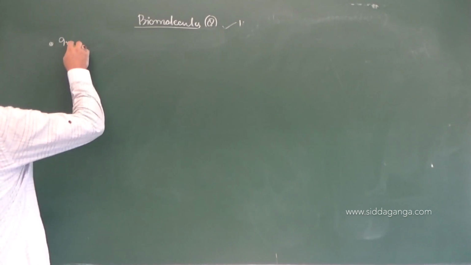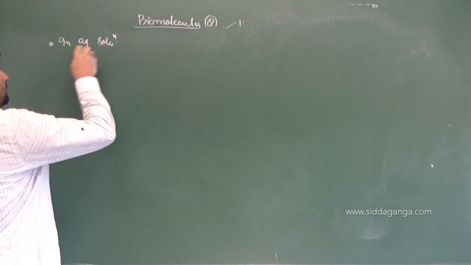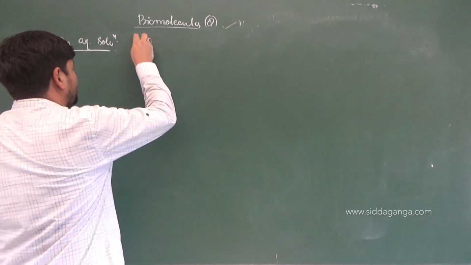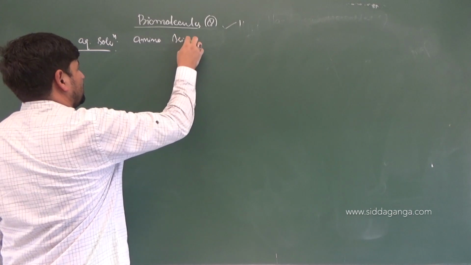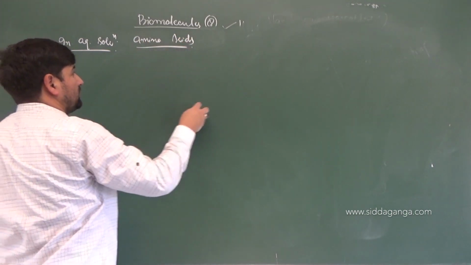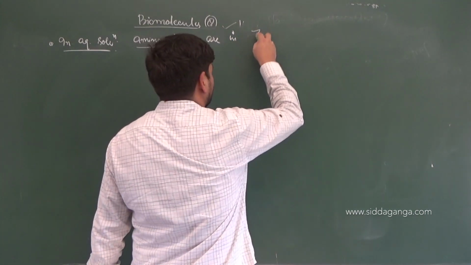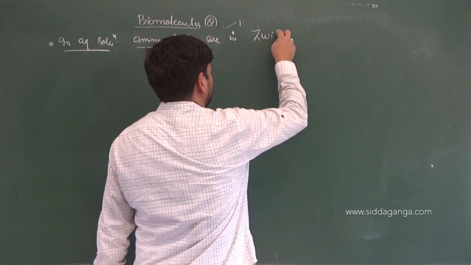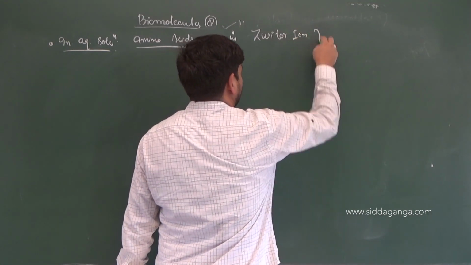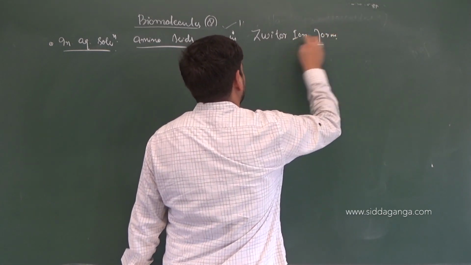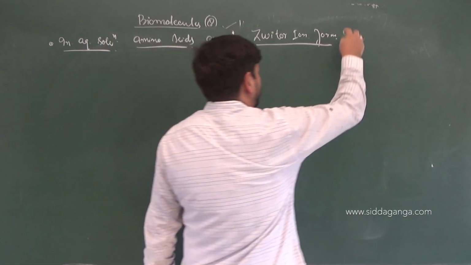In aqueous solutions, amino acids are in Zwitter ion form, but which amino acids?